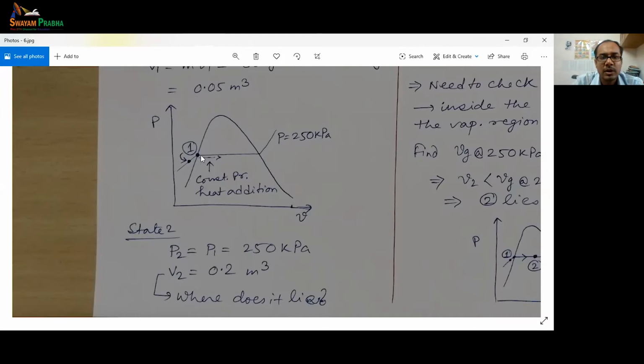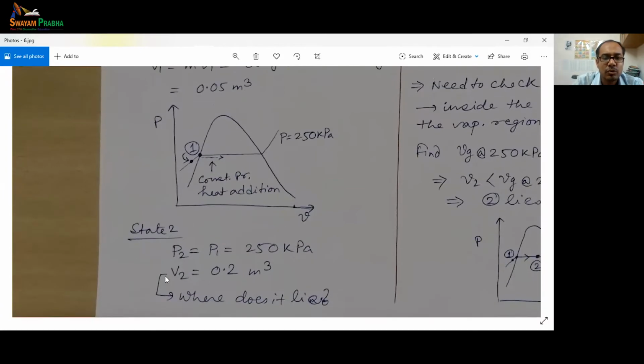We are going towards the saturation vapor line along this constant pressure line. So at state 2, P2 will be equal to P1, that's 250 kPa, and the volume at state 2 is given to be 0.2 meter cube.